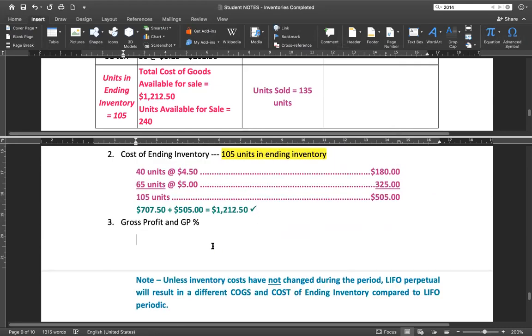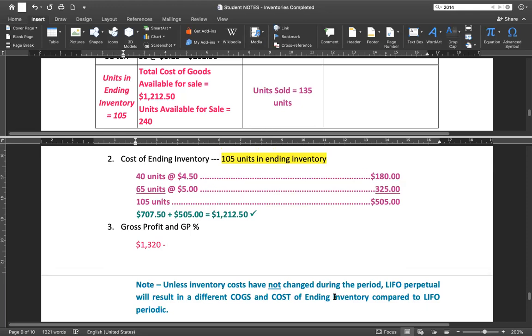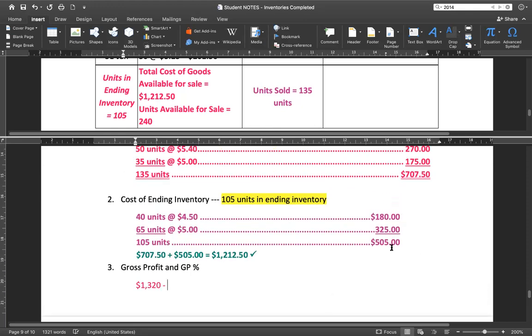All right, now gross profit and gross profit percent. Again, as always, in our example here, the sales were $1,320. And I'm going to subtract away the cost of goods sold, which we computed to be $707.50.